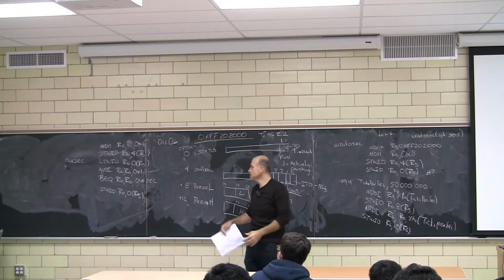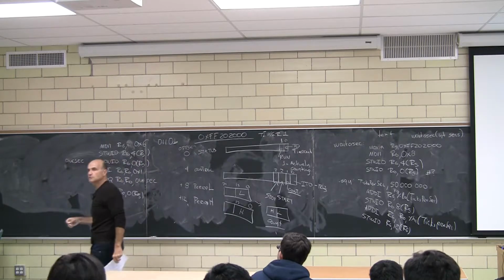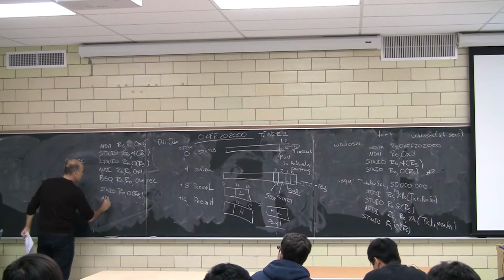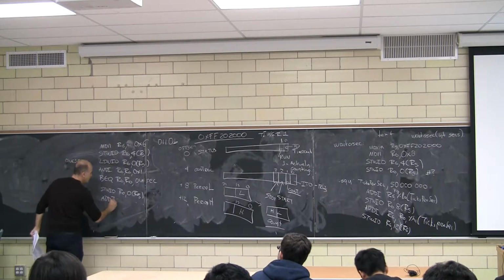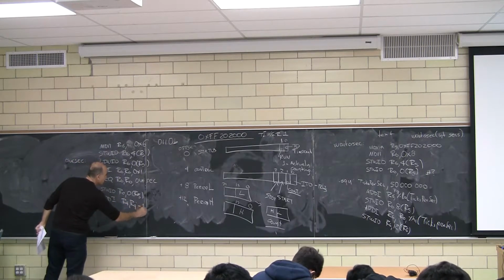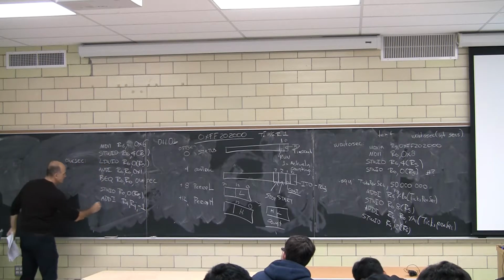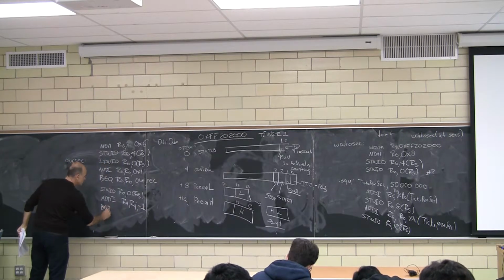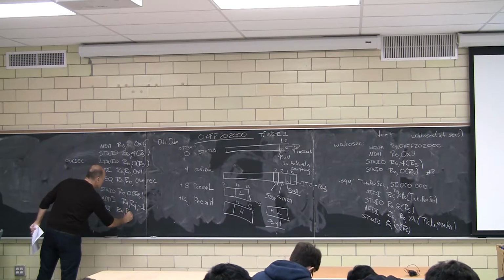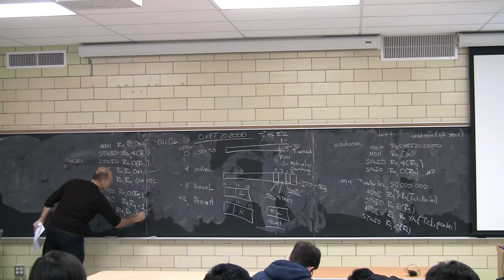Next, we decrement the number of seconds we have to wait, and that, remember, is an argument to this function, R4 = R4 minus 1. And as long as this is not equal to 0, so there are still seconds to count, wait 1 more second.